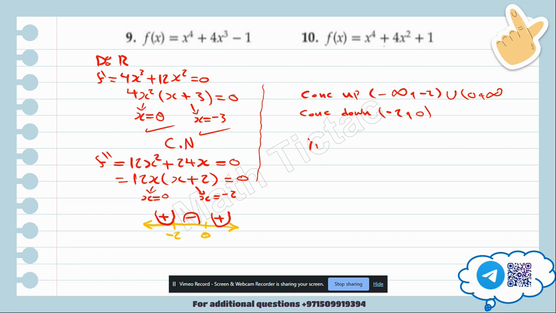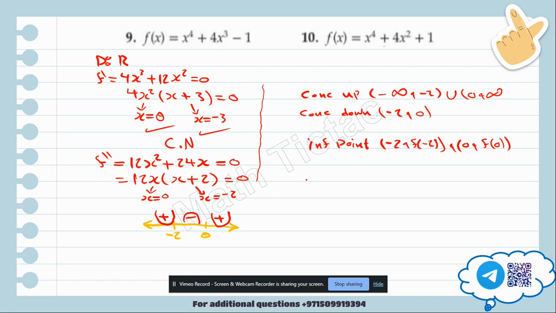That means I have an inflection point at minus 2, which is the point minus 2 and f of minus 2. Be careful, if you'd like to find the point you can substitute in the original function. And I have another inflection point at 0, because here we have a change from concave down to concave up, so I have also 0 and f of 0.